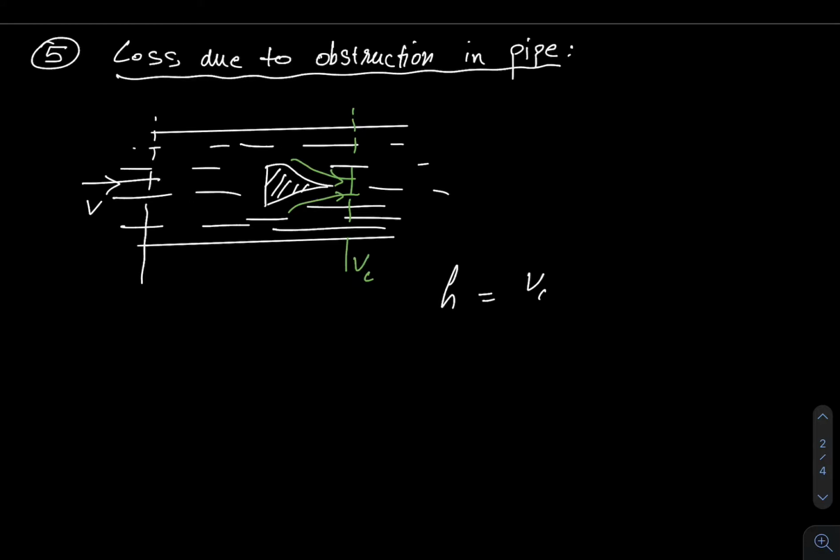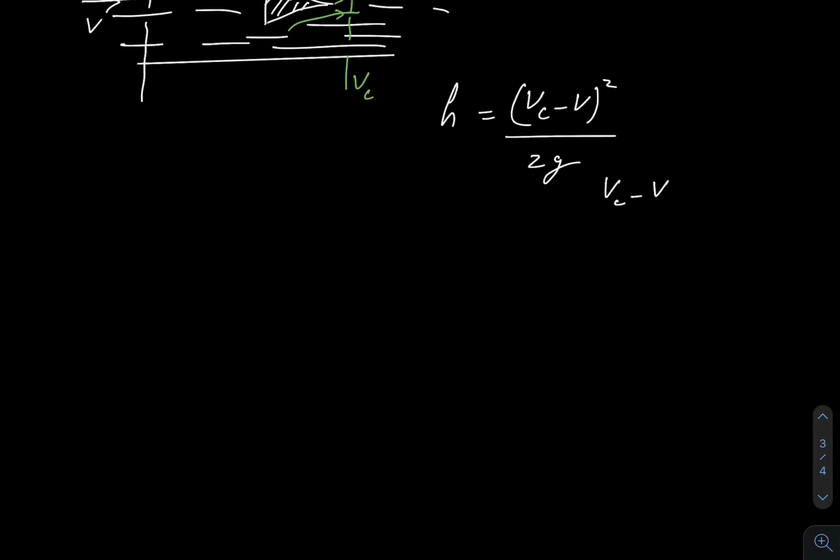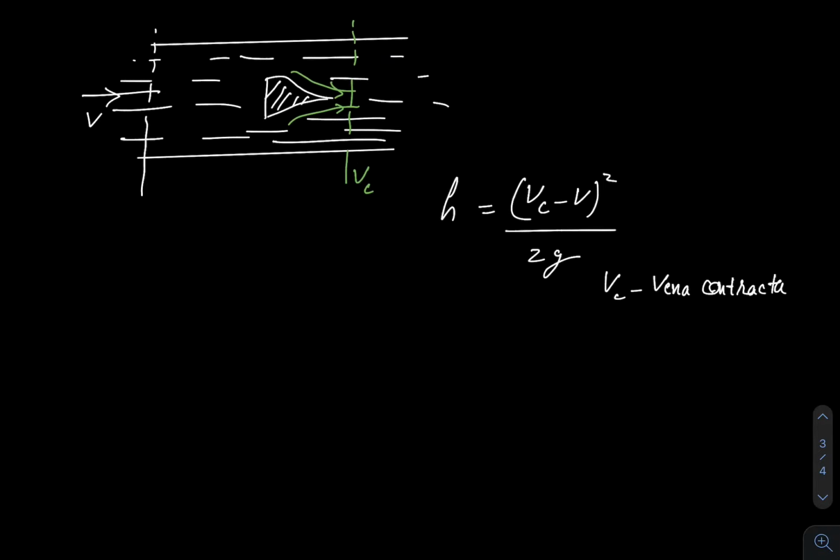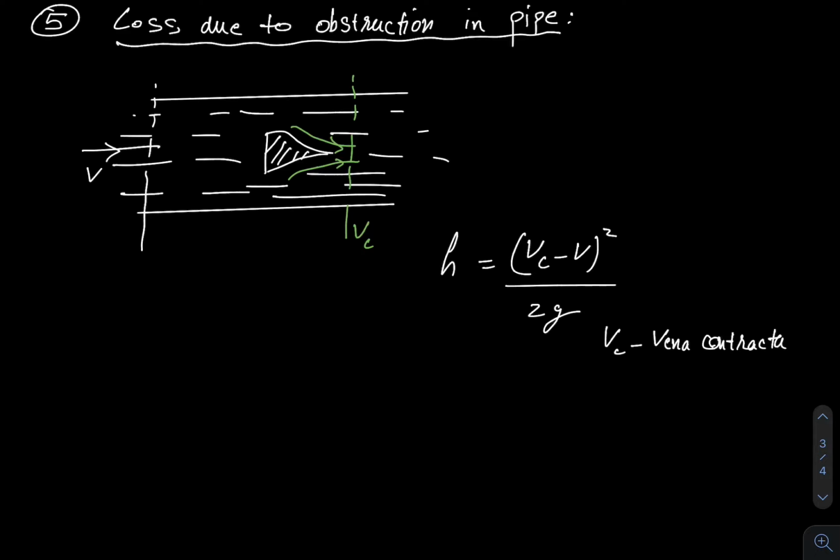Head loss due to hindrance will be equal to (VC minus V) whole square upon 2g, where VC implies the vena contracta. This is how we calculate the minor losses due to obstruction in a pipe. This is basically a hindrance, an obstruction in our pipeline. It may be any foreign particle, maybe anything.